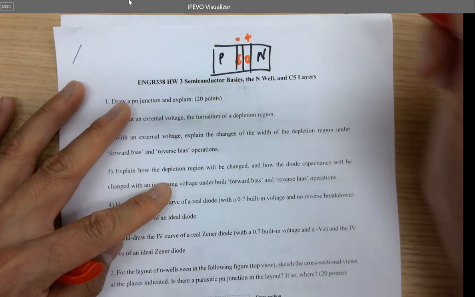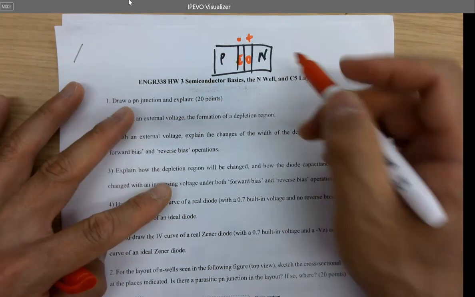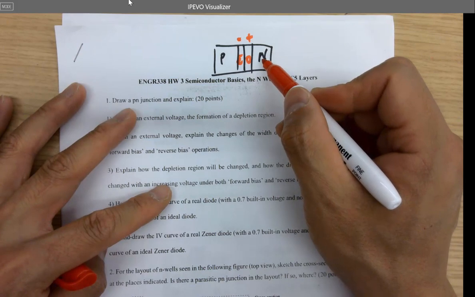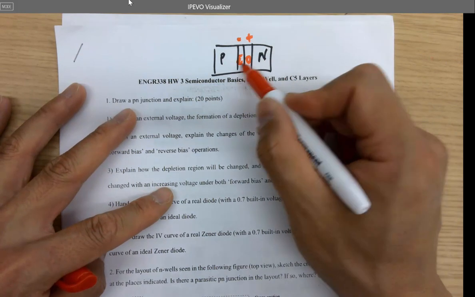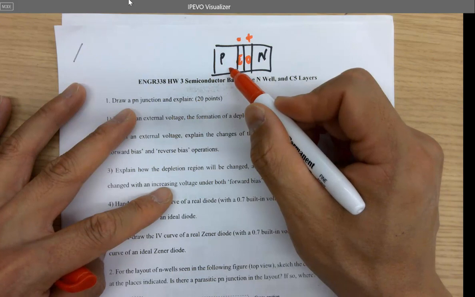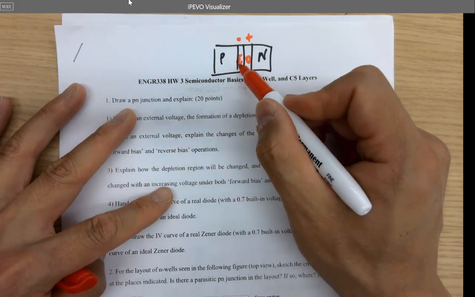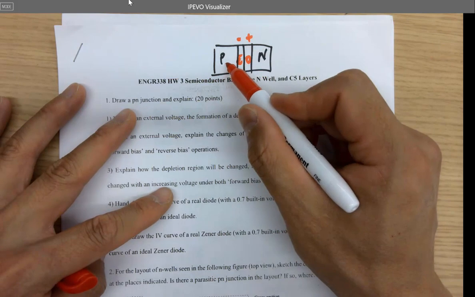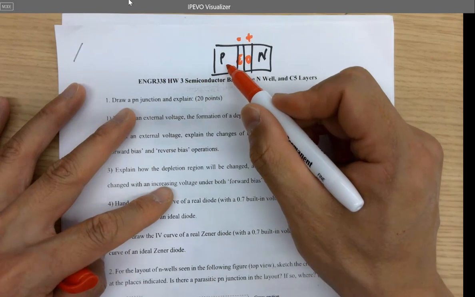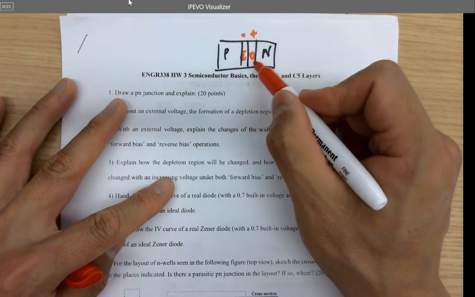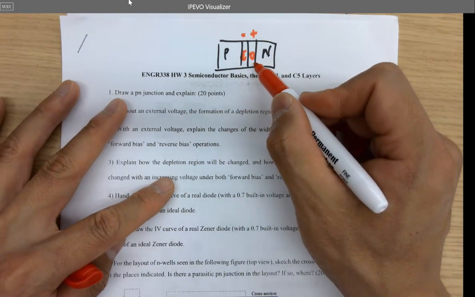It's plus and minus and plus like this, because the N side has a higher concentration of electrons, so they diffuse to the other side. That's why on the other side of the depletion region you are getting extra electrons. Same here: the P side has a higher concentration of holes, so they diffuse to the other side, so you're getting more holes on the right-hand side of the junction.